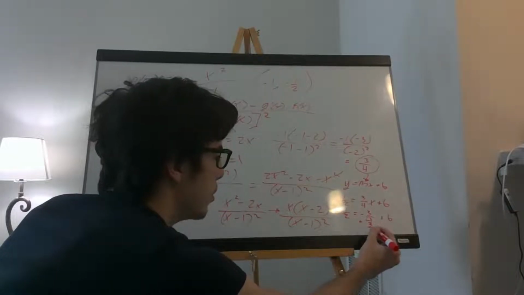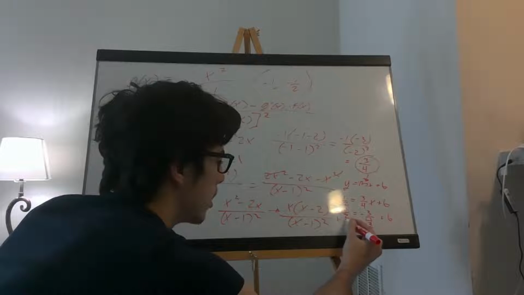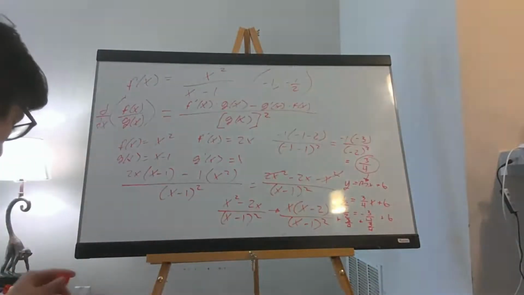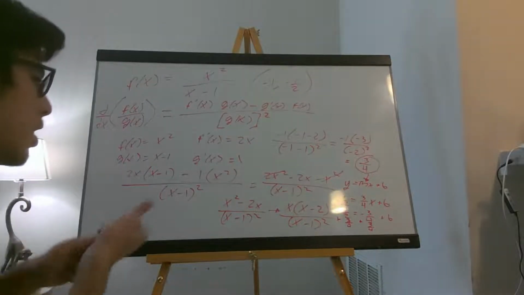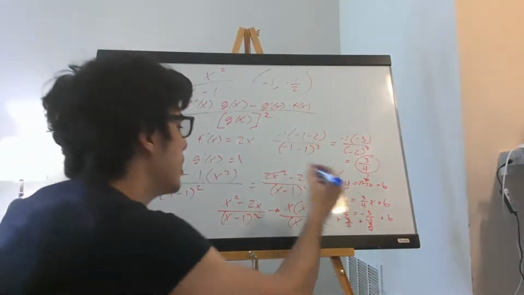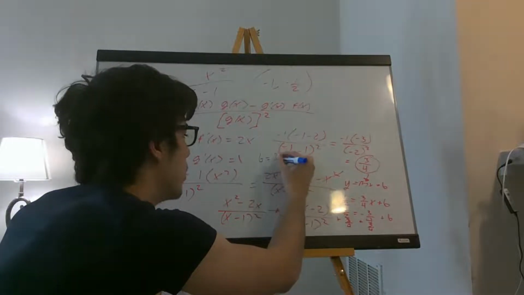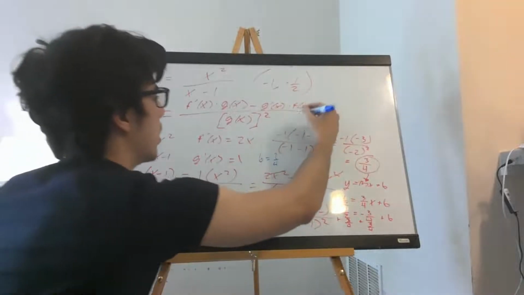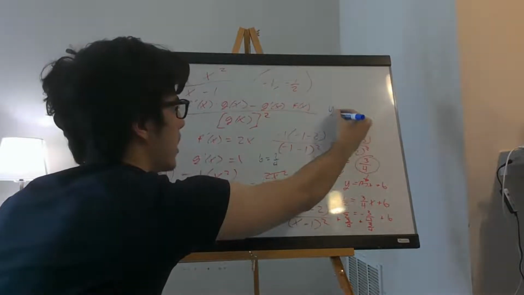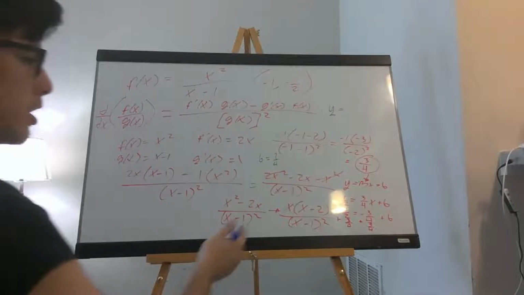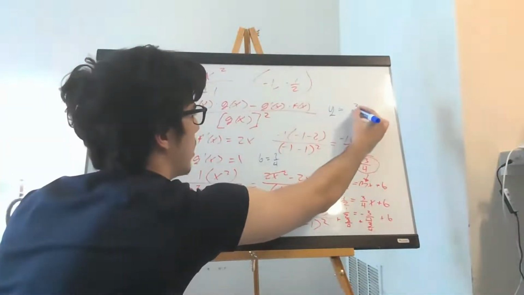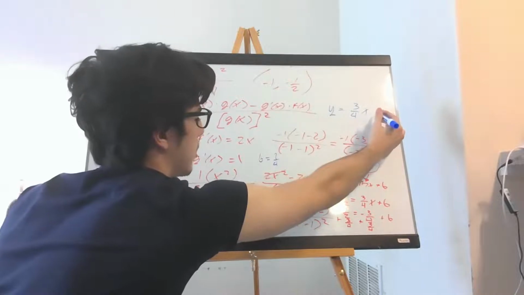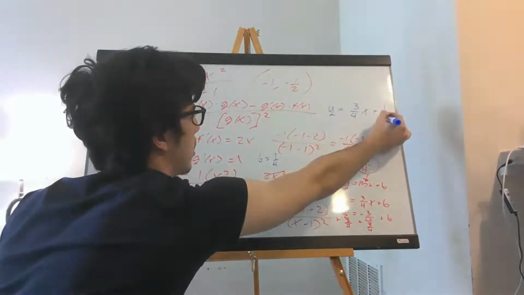Add the 3/4 to both sides. We're going to get, we'll change colors here, we'll get b equals 1/4, which will give us the final solution for y equals 3/4 x plus 1/4.